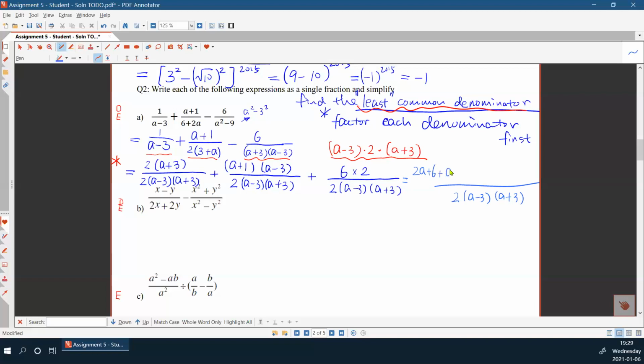We have a squared minus 2a minus 3, right? Oh, sorry, I made a mistake here. This here is not a plus sign. It should be a negative sign, right? So here we have a minus 12.